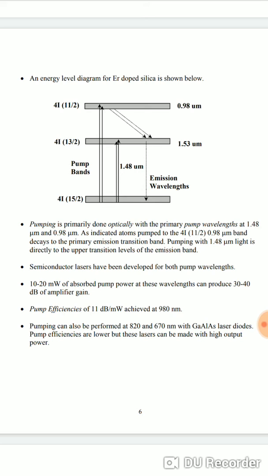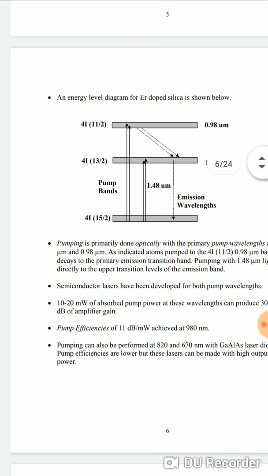Whether we get output as emission of light or absorption of light depends upon the transition of electrons from a higher energy level to a lower energy level, or from a lower to a higher energy level. The energy level diagram shown is almost similar to the pumping process we have seen in the case of the laser.